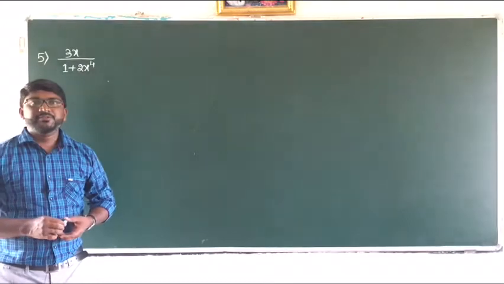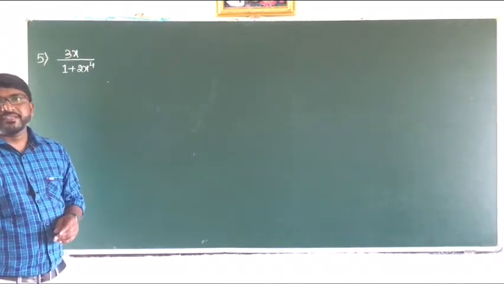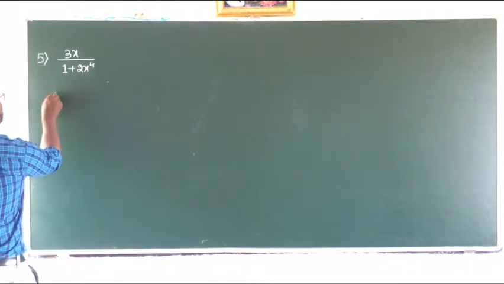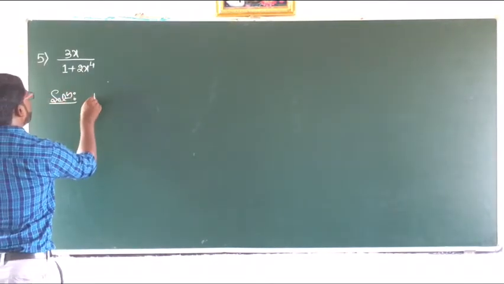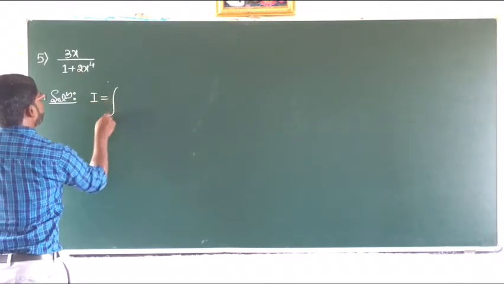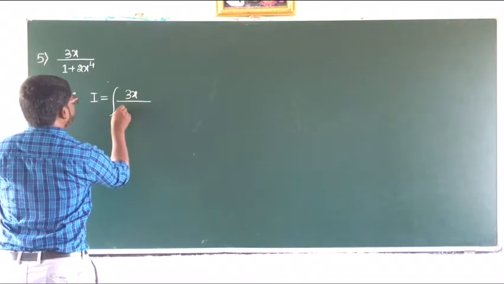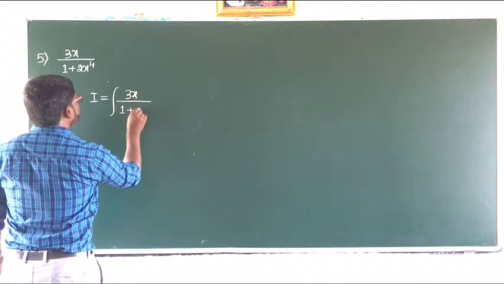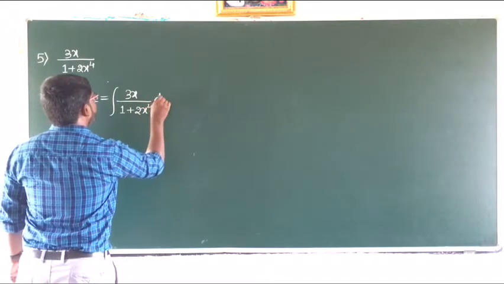Well, the fifth question is 3x divided by 1 plus 2 times x to the power 4. I take this as I, which is equal to integral 3x divided by 1 plus 2 times x to the power 4 dx.